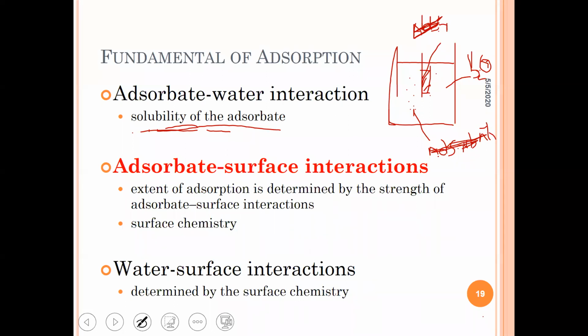So we have the interaction between adsorbate and water, which is basically the solubility of the adsorbate, and the adsorbate-surface interaction, meaning adsorbate and adsorbent interaction, which depends on the surface chemistry of the adsorbent and determines how strong the attraction, and so how strong the adsorption, will be.